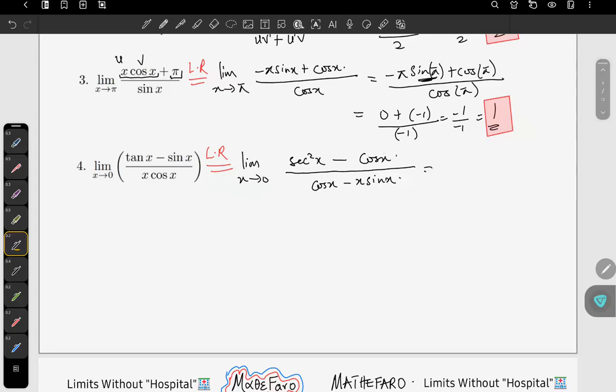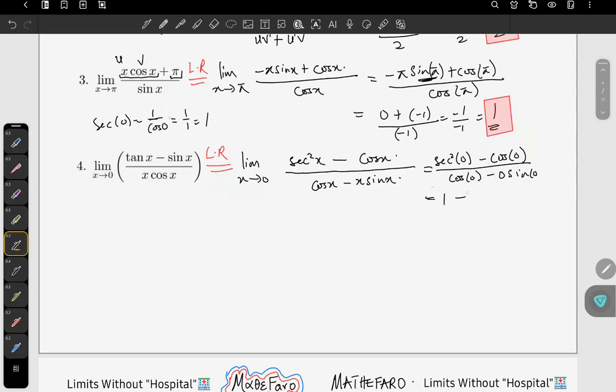Now if we plug in 0, we have secant squared 0 minus cos 0 over cos 0 minus 0 sine 0. So since sec 0 is 1 over cos 0, and cos 0 is 1, so secant squared 0 is going to be 1.